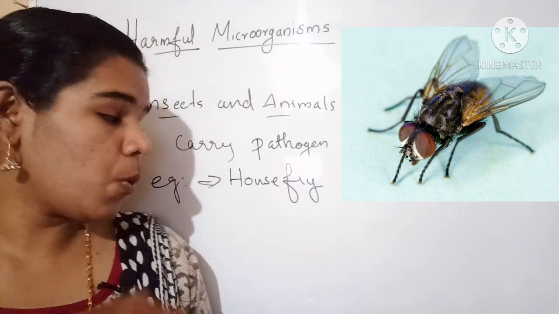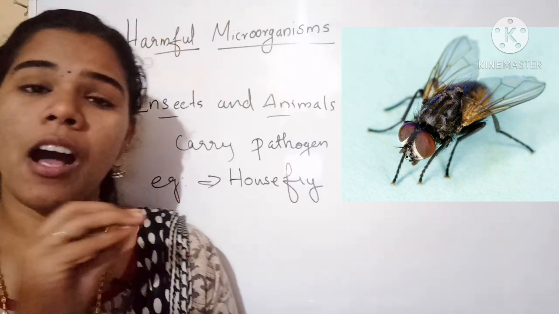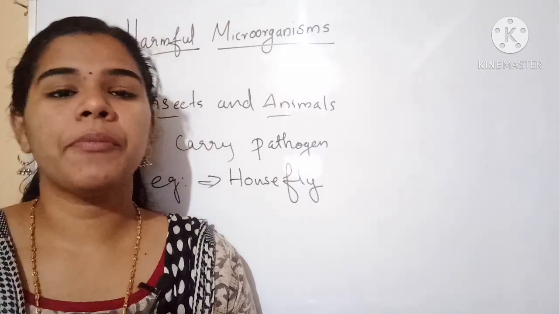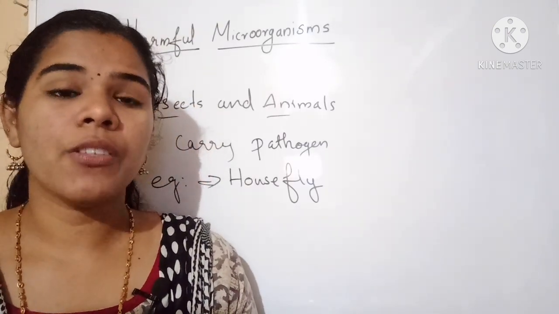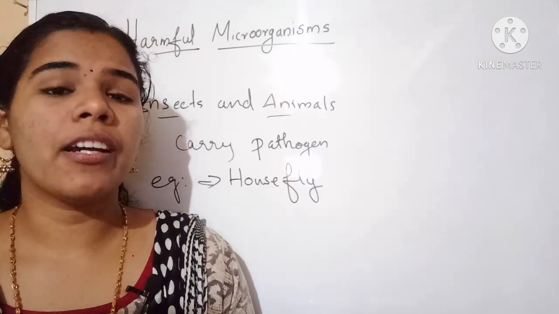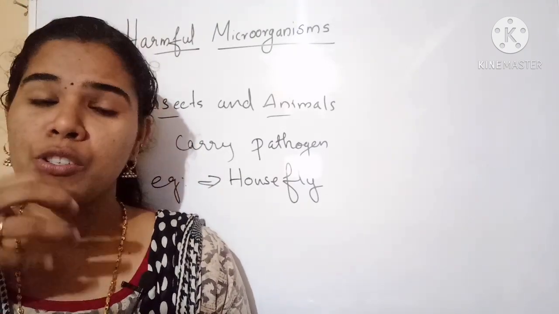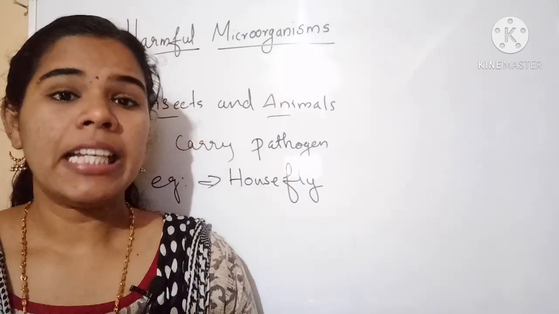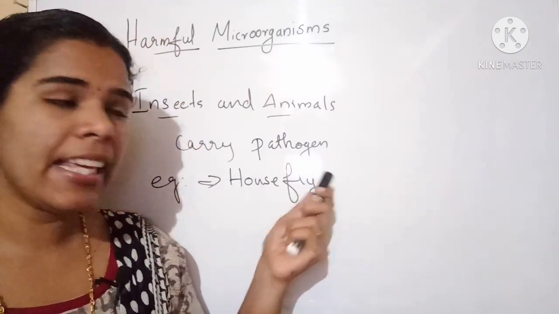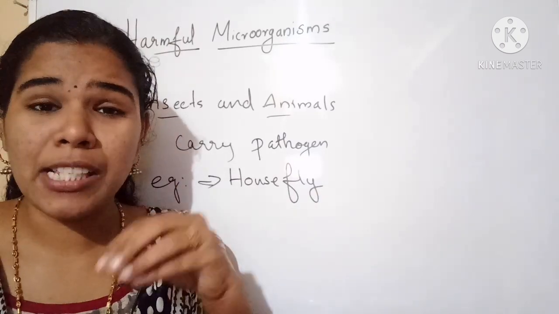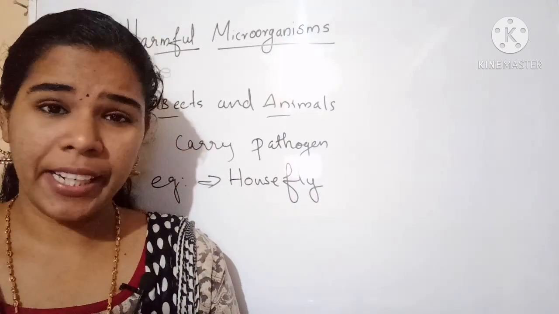So this housefly may sit on that particular food, and when a healthy person consumes that food, what happens? Yes, the housefly carrying some pathogens will transmit them to the food items.